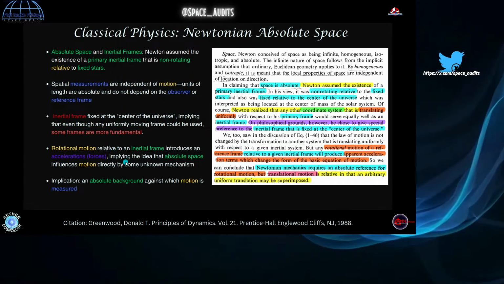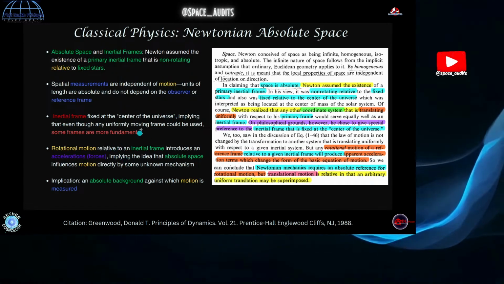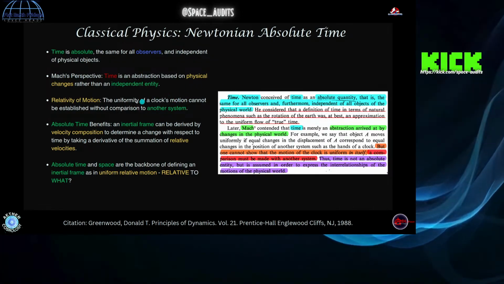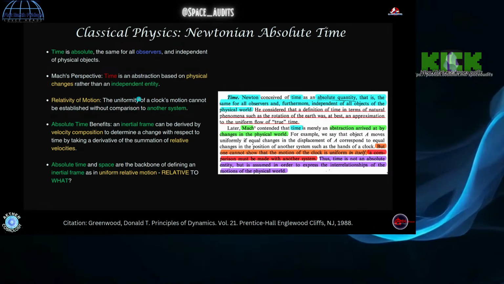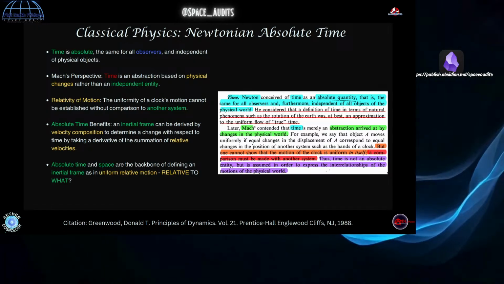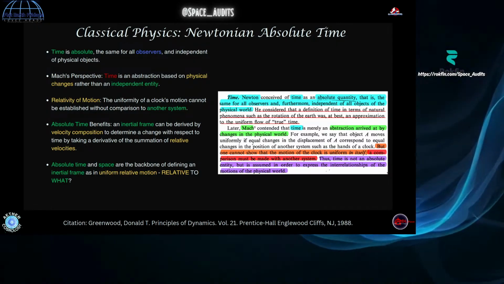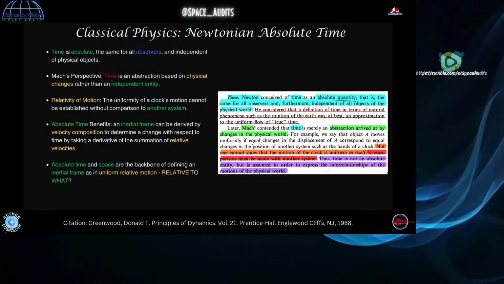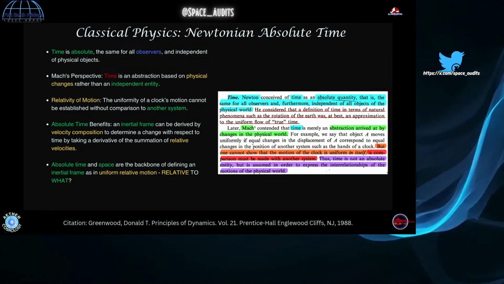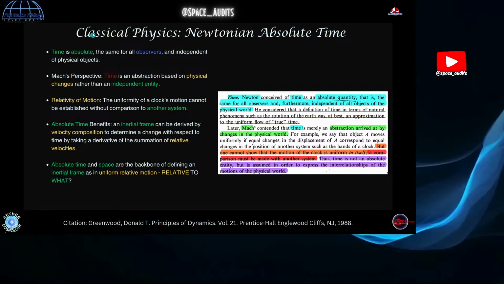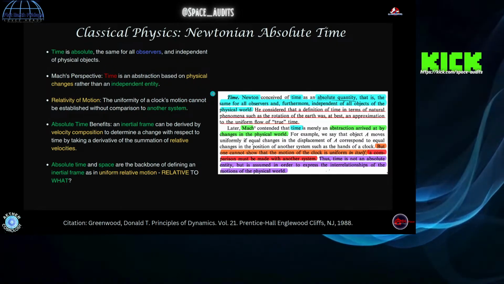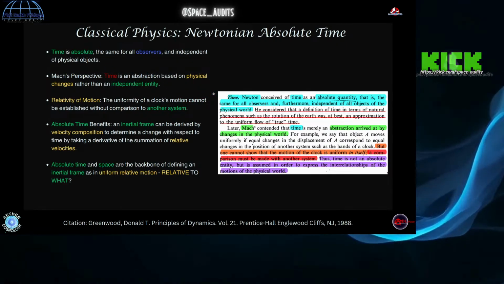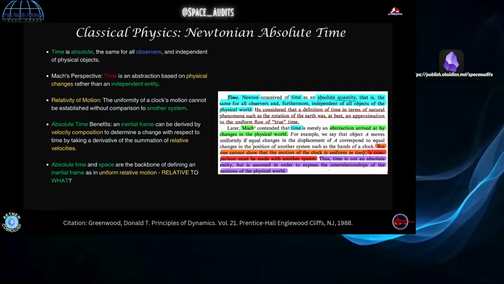So, all right. Absolute time. Now, this is how he came to the conclusion that an inertial frame can be defined as being in uniform transitory motion. So, in Newtonian physics, there is velocity composition, where it's just basic Galilean velocity addition, but that works on the principle that all observers have the same time.